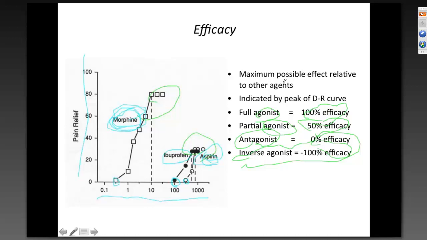Okay. Now, there are two drugs you can give for that. One of them is an antagonist, and one of them is going to be an inverse agonist. The antagonist is the one that you give that will block the hydrogen potassium ATPase.